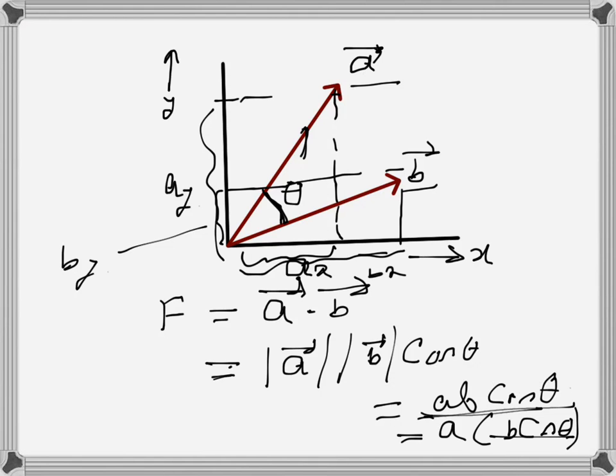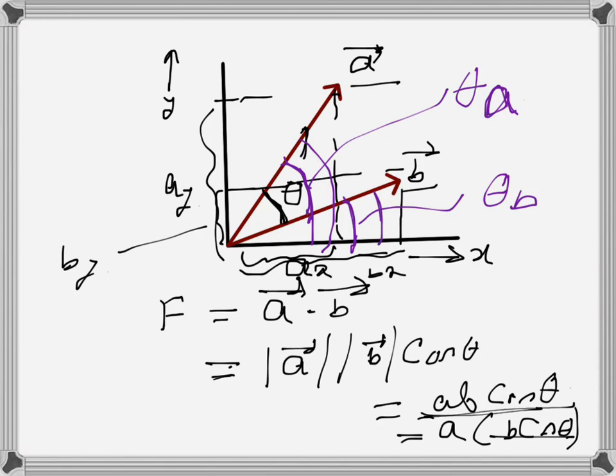Now if I look back at the picture, I can call the angle that A makes with the x-axis theta A, and the angle that B makes with the x-axis theta B. We are just identifying these two angles. We can see from the diagram that the whole thing is theta A and this part is theta B, so theta is theta A minus theta B.